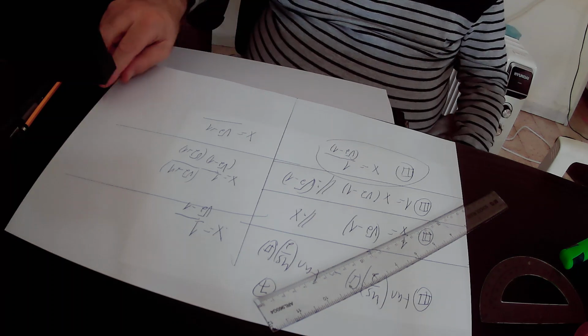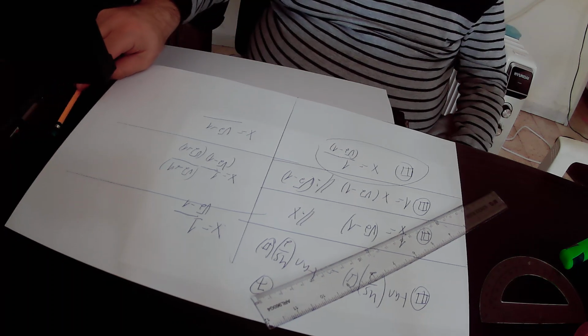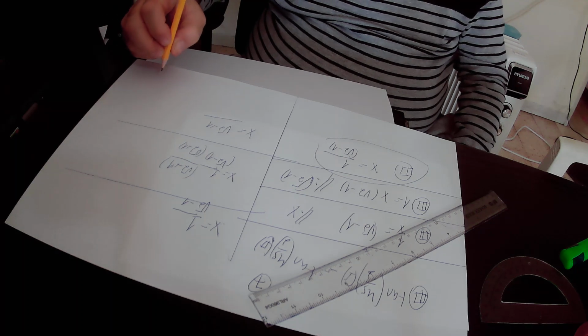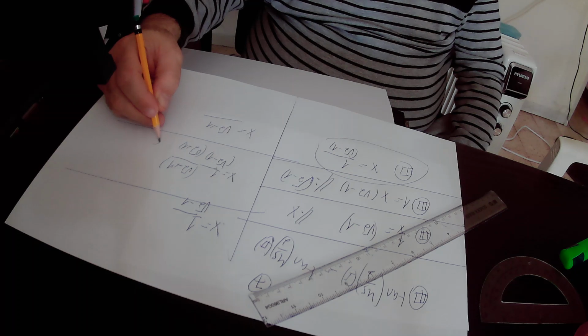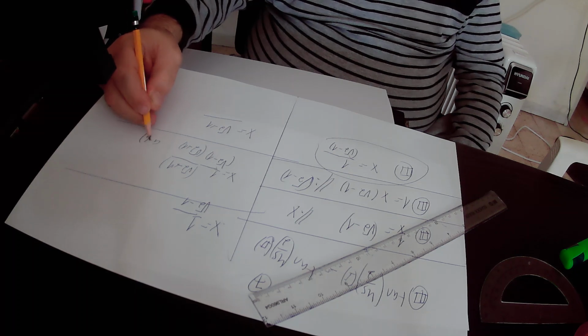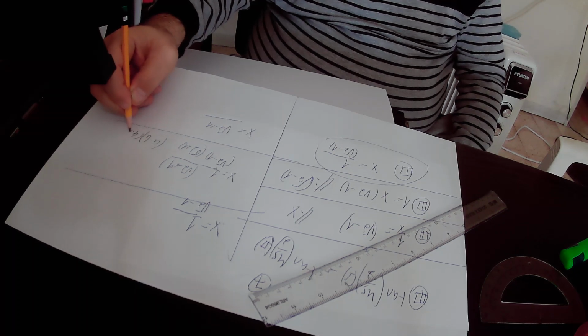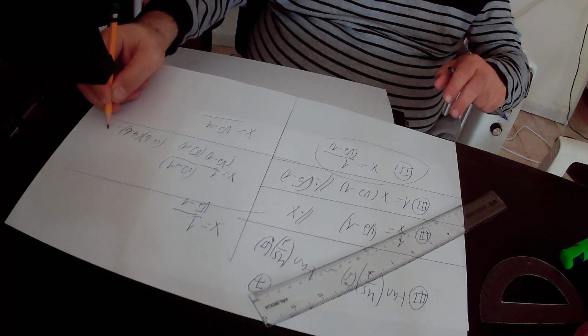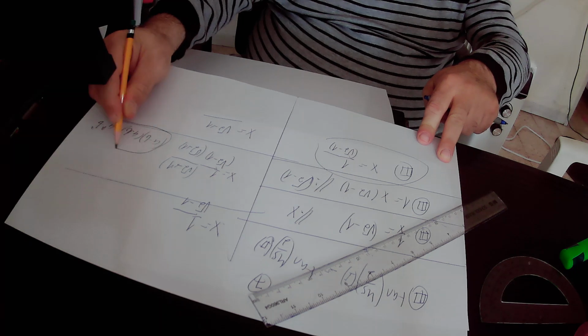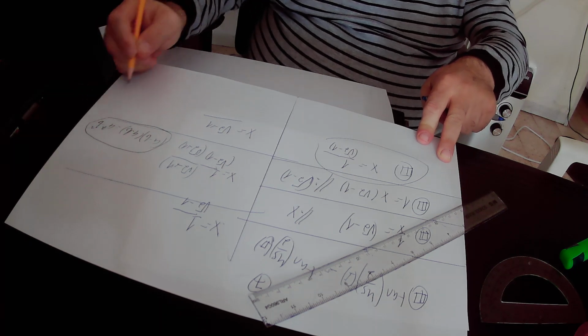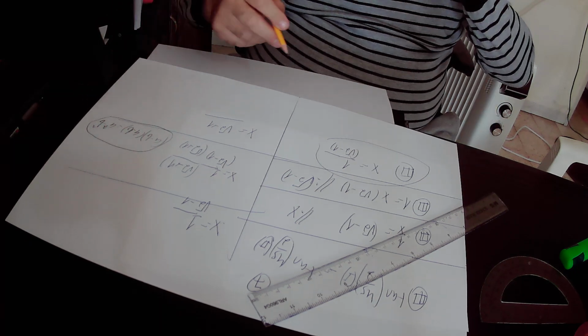This expression equals, according to the algebraic identity that a minus b times a plus b equals a squared minus b squared, according to this algebraic identity.